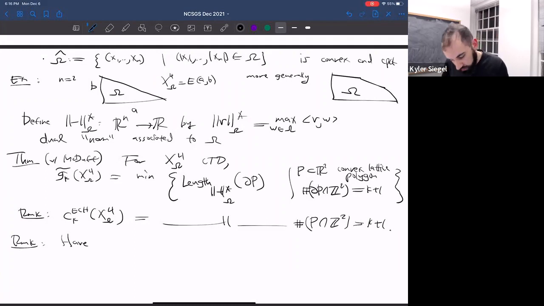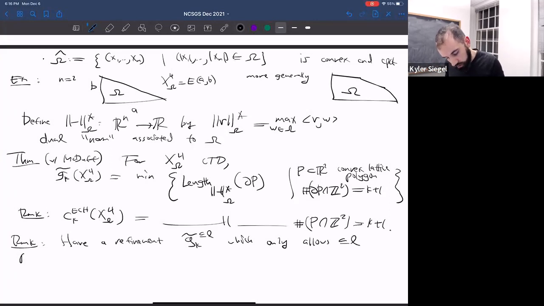I'm going to stick to just genus 0 curves, but one simple refinement you can make is to define this thing, which I denote by GKL, where you only allow curves with at most L positive ends. So you put a restriction on how many positive ends you're allowed to see.